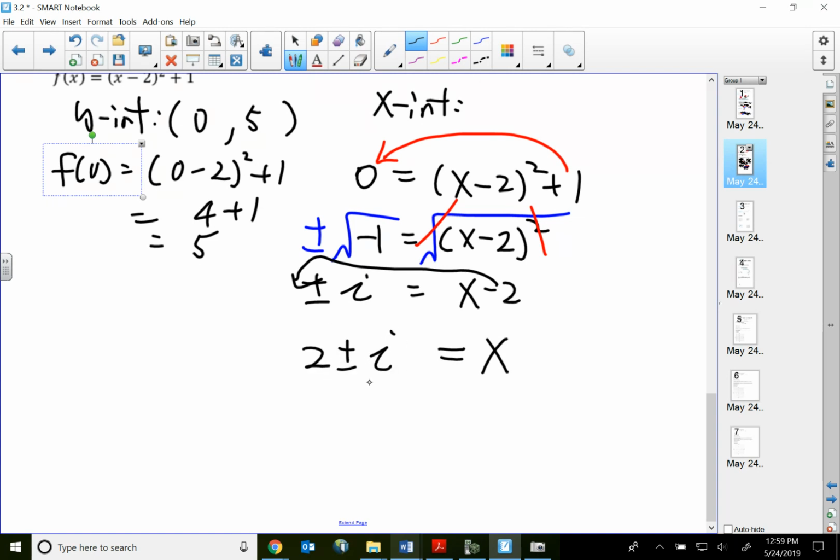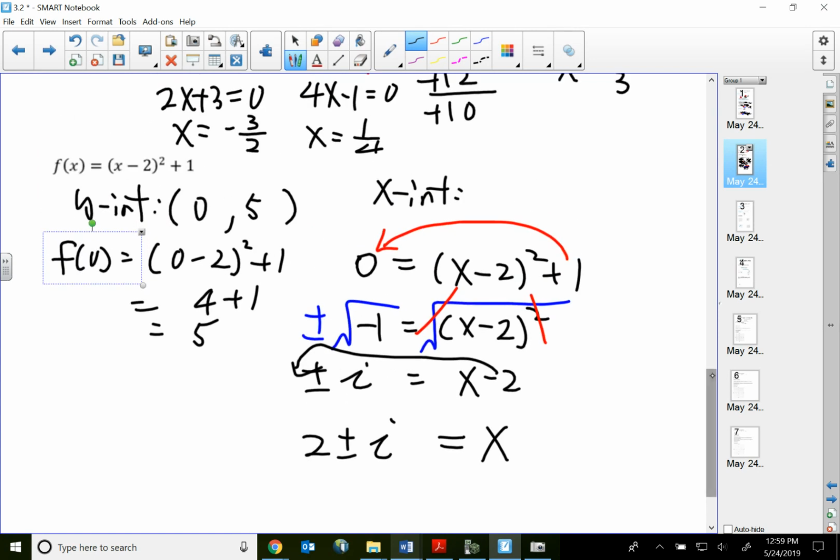So this is a complex number, which is not a real number. Every time we have an answer involving an i, that's not a real number. So if it's not a real number, then I do not have an x-intercept.